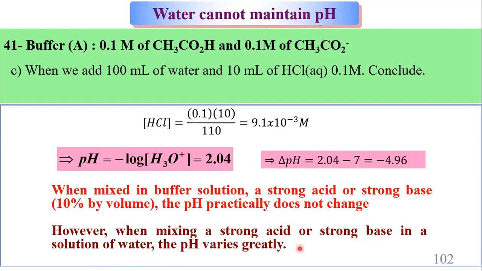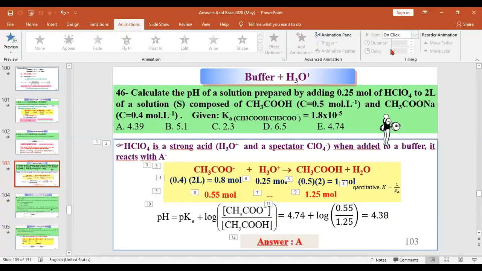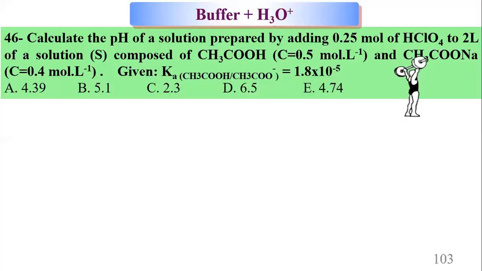And if you go back to the course, you saw that graph where we had a straight line for the modification of pH in a buffer when we're adding HCl, but for the water, the pH was greatly decreasing as we added concentration to water. Okay, so that was looking at how a buffer maintains pH. Question number 46.